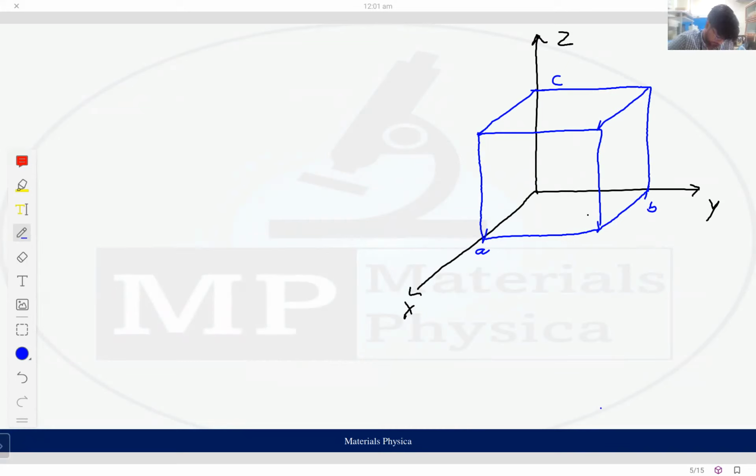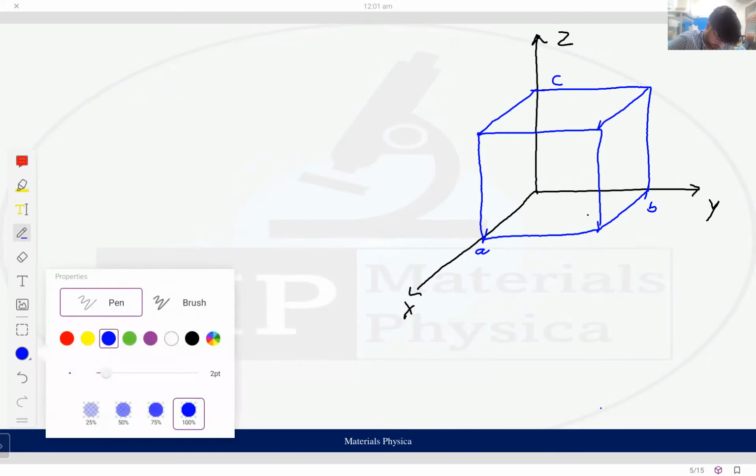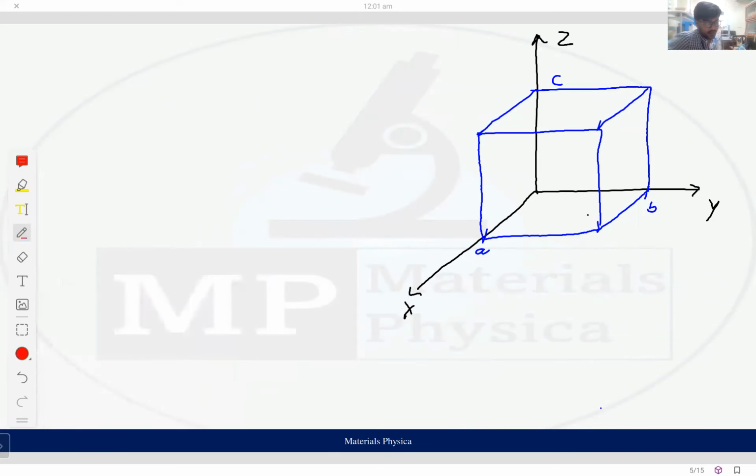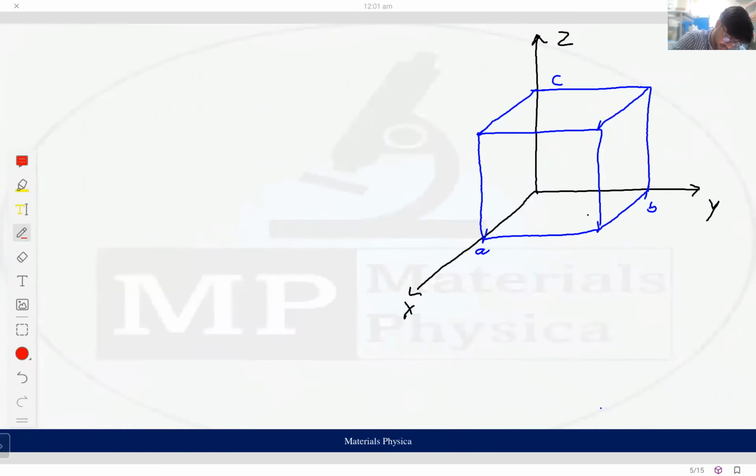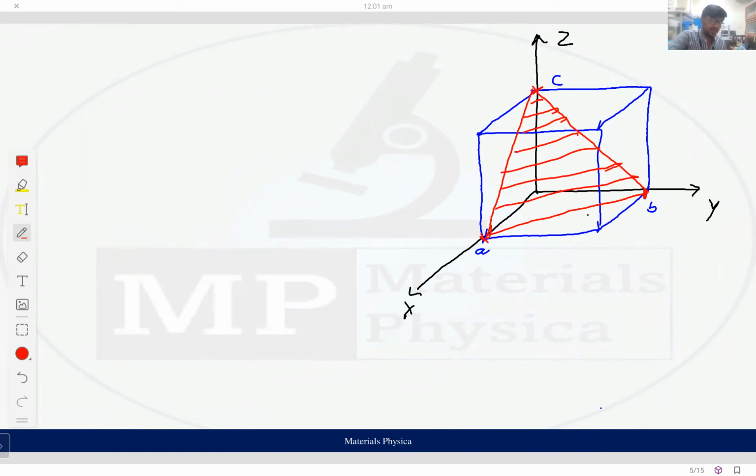Now the plane cuts X, Y, Z at A, B, and C. So it cuts here, and it cuts here. When we join them, we get this, the 111 plane.